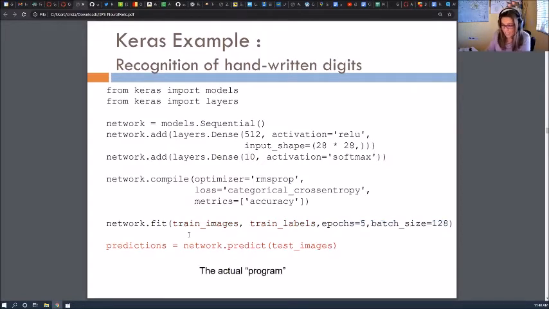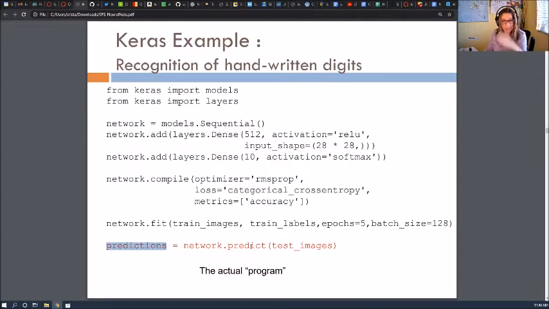And then finally, after all this work, we can now actually use the program, and this is called predict. This is more the statistical word, but the idea is that given an array of test images that hopefully are not exactly the same as the ones that we used for training, we can have an array of predictions. Again, this works all on arrays, so it's not just one image.